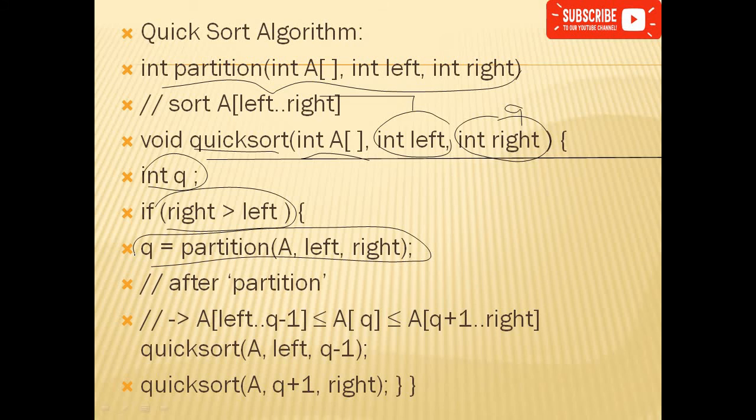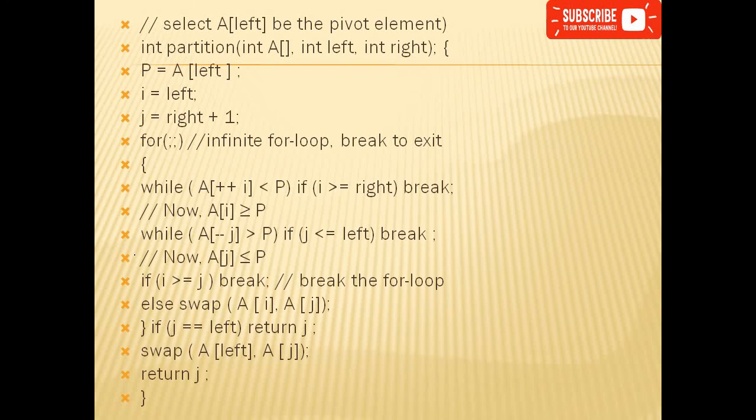So partition will be called. In this partition algorithm, what we are doing is p equals a of left. So the starting element will be treated as the pivot. If I want to go with another one, then you need to change it here itself. If I want to go with the last element as the pivot element, go with a of right.